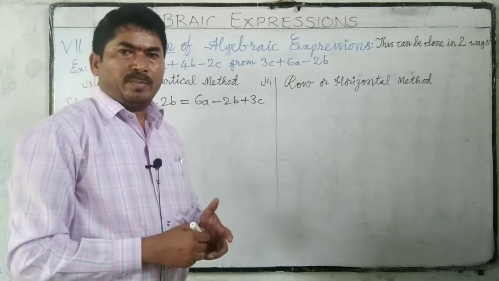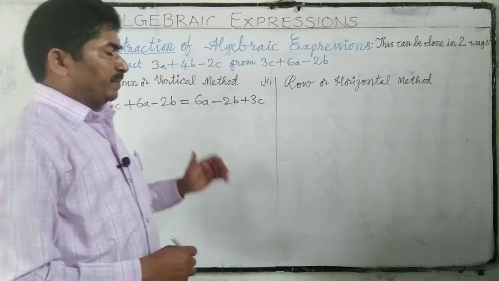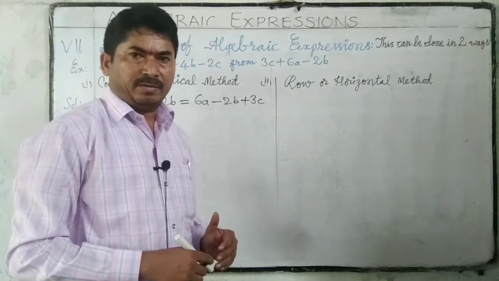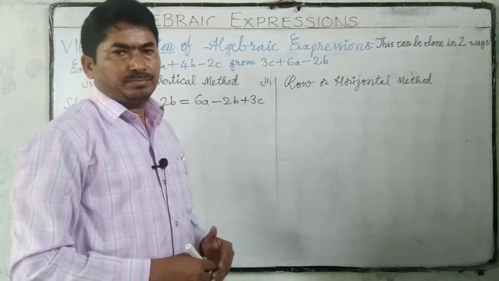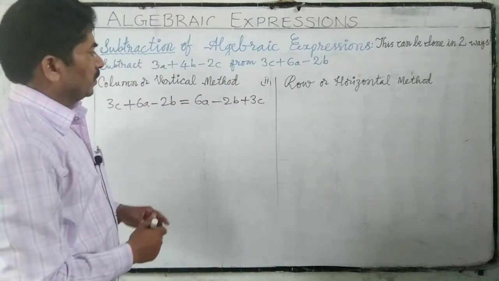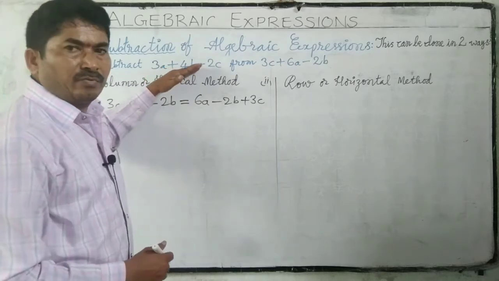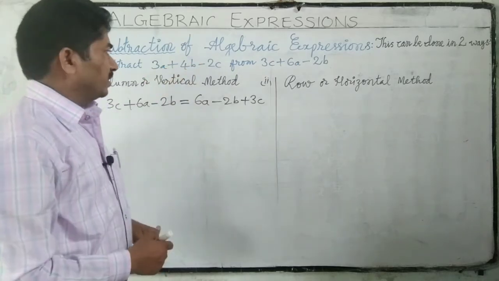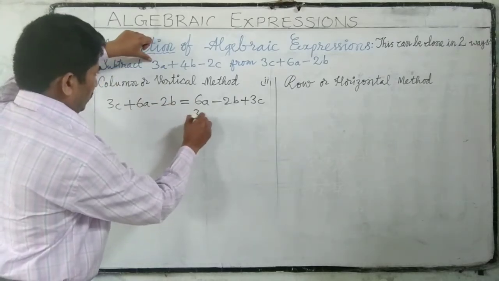Now write one below the other such that the expression which is to be subtracted, we write in the second row. This is the expression we have to subtract. So that's why we have to write this in the second row.